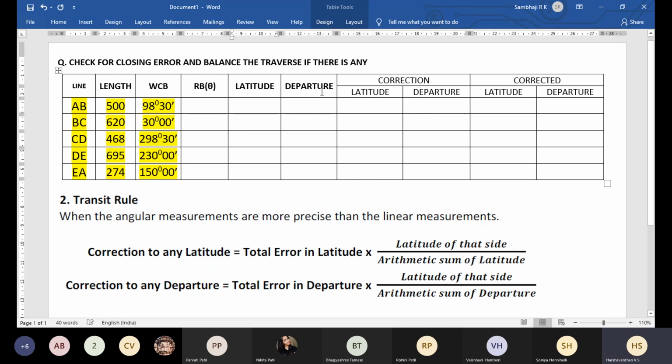Next, latitude is calculated as L cos theta, and departure is calculated as L sine theta.